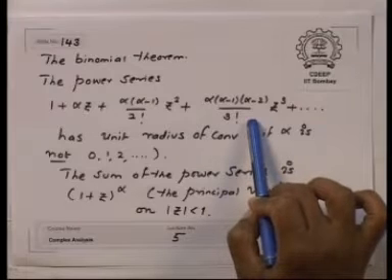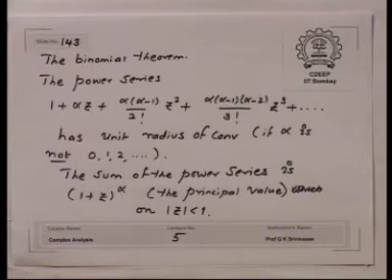So, if alpha is other than 0, 1, 2, 3, etc., the series will never terminate and the series will have radius of convergence 1. The series has radius of convergence 1, alright.